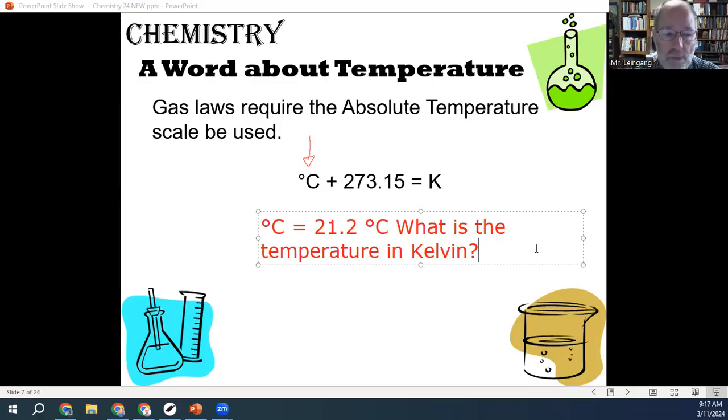Now, there is a problem with everyone's answer so far. Somebody tell me what the problem is with their answer. Significant figures. That's right, Derek. How many significant figures are in the original temperature?